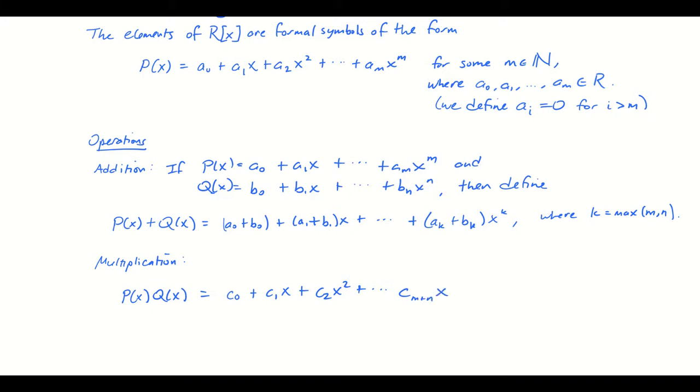All right, so I've just defined P(x) times Q(x) to be this totally other polynomial, but then I need to say what the c's are, otherwise this makes no sense. So this is where c sub k equals the sum from i equals 0 to k of a sub (k minus i) times b sub i.